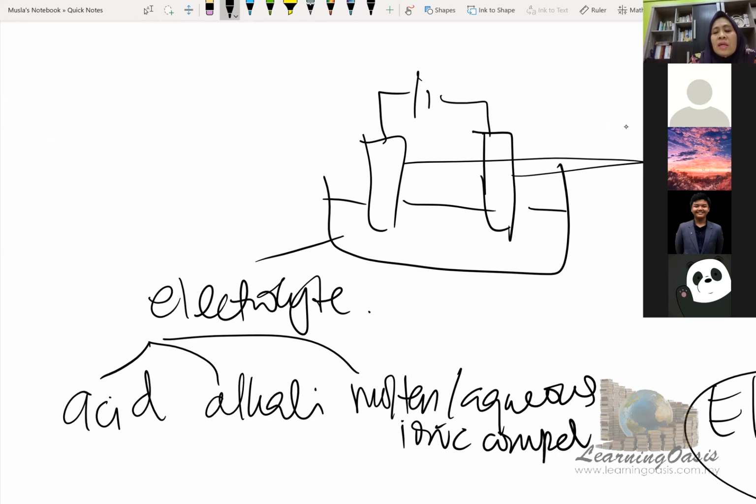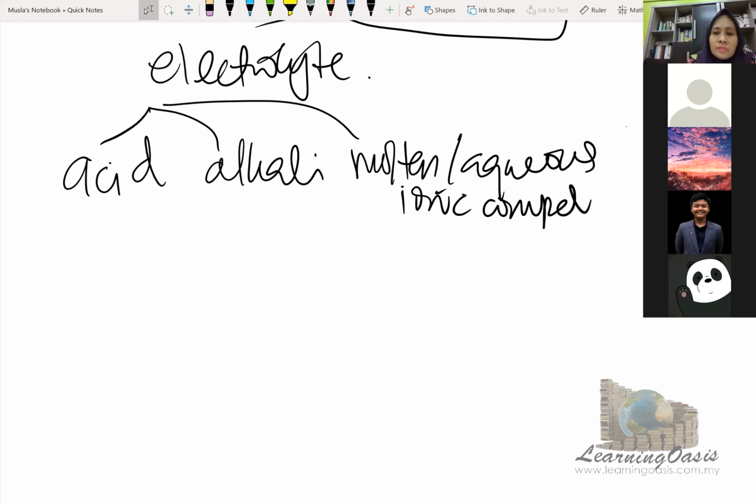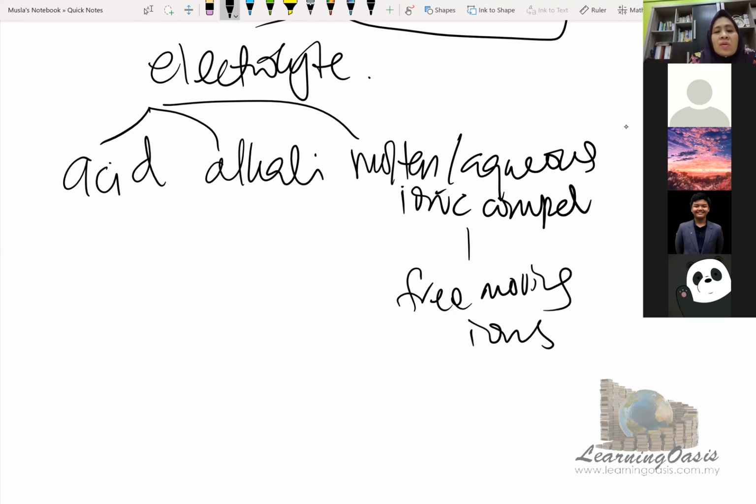Now why molten or aqueous, Nina? In solid, we don't have free ions. All these have free moving ions.